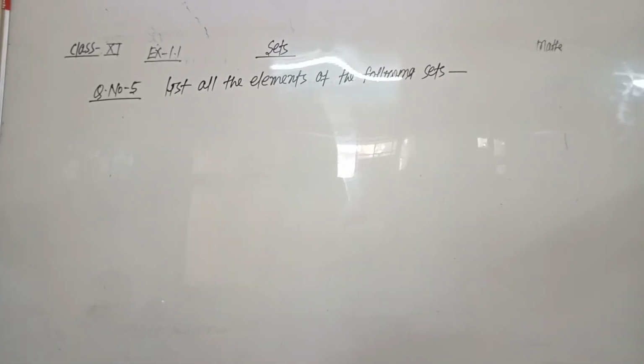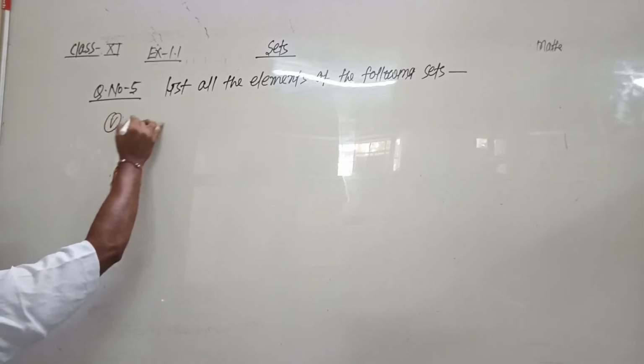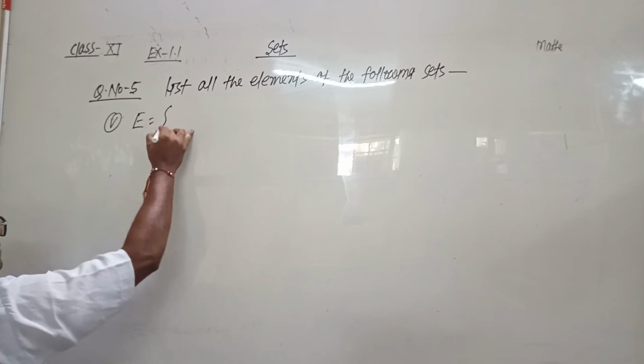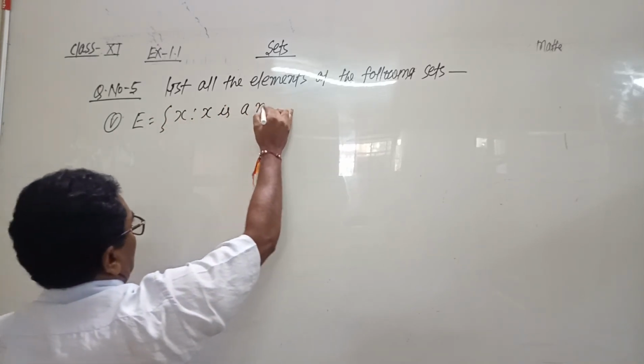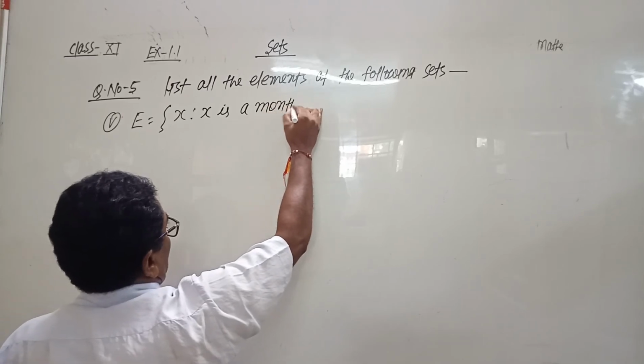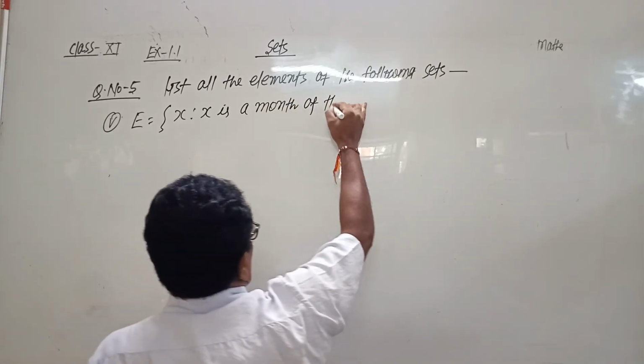Now the fifth part is x such that x is a month of the year.